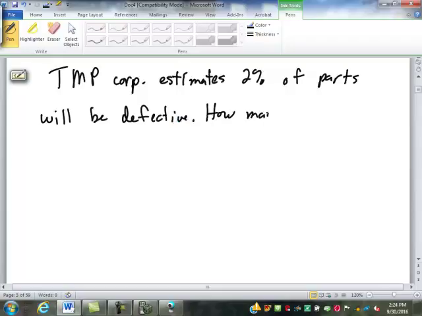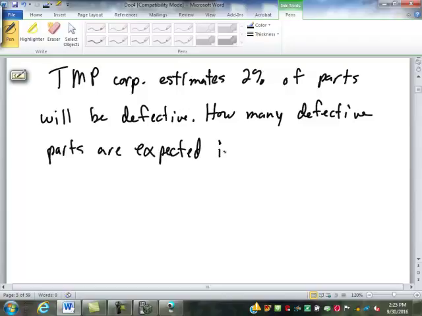How many defective parts are expected in an hour where 2,800 parts are produced?